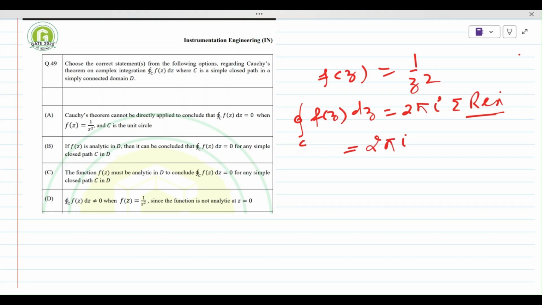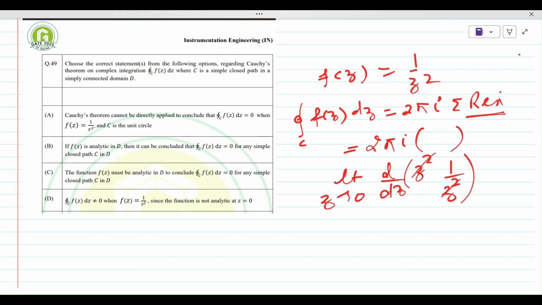Now what will be the residue? Let us find out. The residue at z equals 0 is the limit as z approaches 0, because your pole is at 0, of the derivative with respect to z of z square into 1 by z square. So it is cancelled, the derivative of 1 is 0, so that is equal to 0.